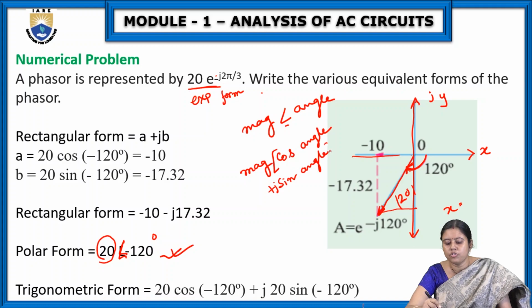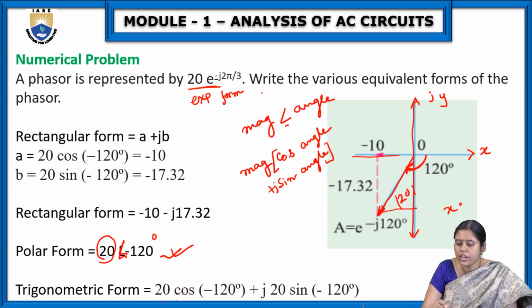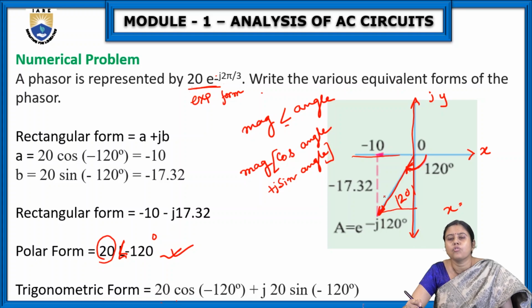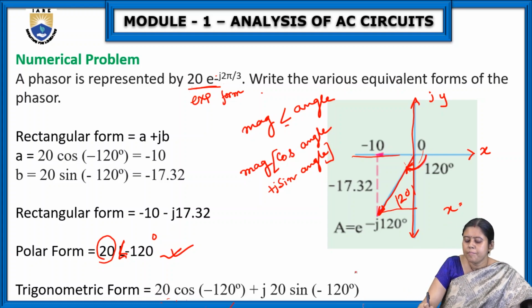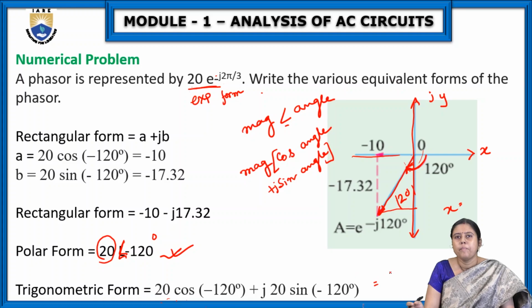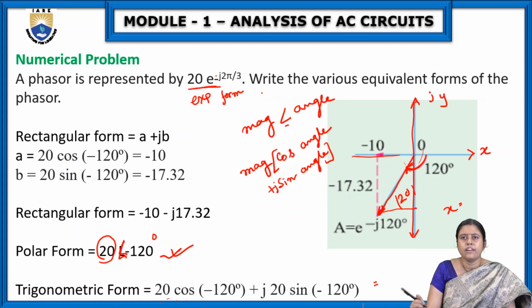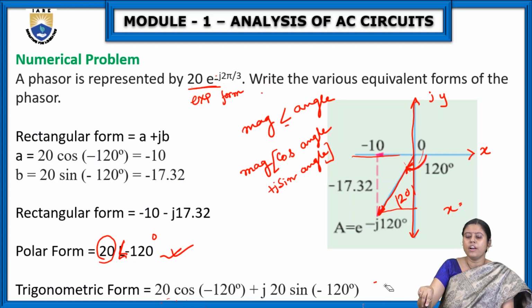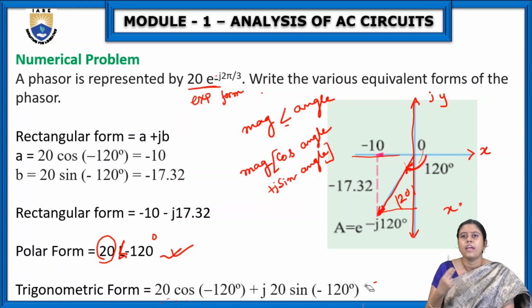Magnitude is 20, cos of the angle, which is given as minus 120 degree. So magnitude 20 cos minus 120 degree plus j sine minus 120 degree. Or you can write it as cos 120 and j sine 120 degree. So this is your trigonometric form.